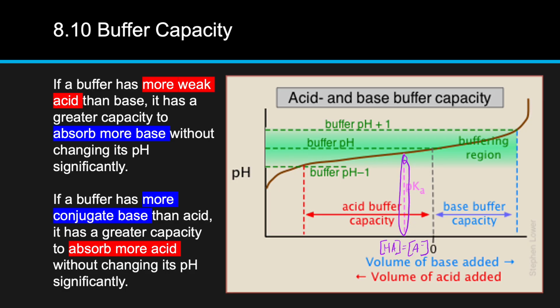Now, clearly here in this buffer, we are at a pH a little bit higher than our pKa, which means we have more of our conjugate base than we do our weak acid.